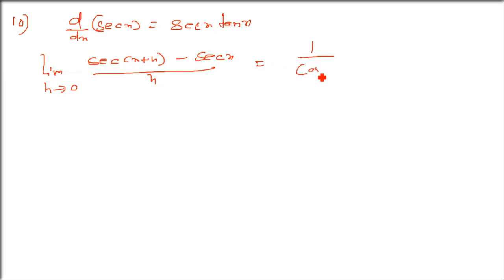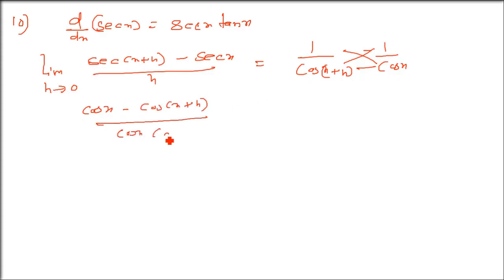Now let us change it into cos. 1 by cos of x plus h minus 1 by cos x, divided by h, which I am going to take later. Now take the LCM. So cos x minus cos of x plus h divided by cos x cos of x plus h. H I am going to use later.